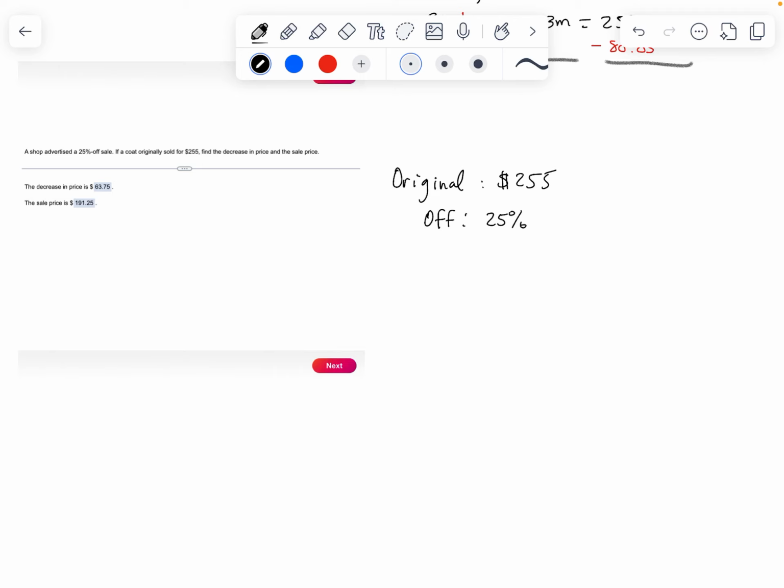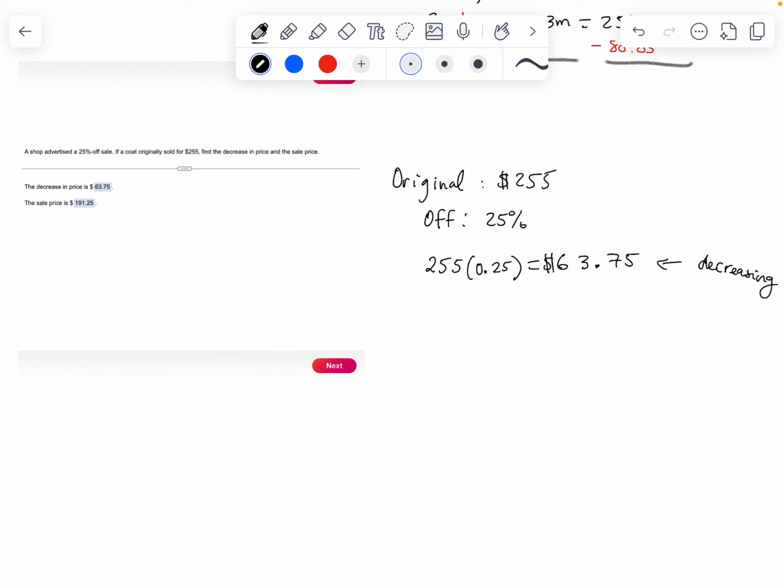So first thing we want to know, what is 25% of 255? To find that, you take 255 and multiply by 0.25. That's what's going to represent the 25% of 255. If you plug that in your calculator, you get a value of 63.75. This is how much the sale is decreasing by.